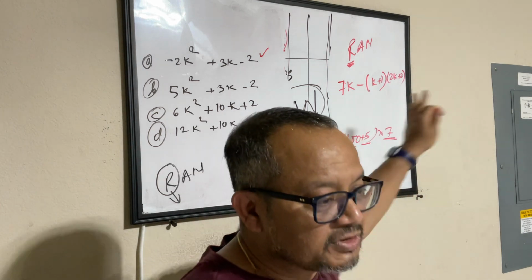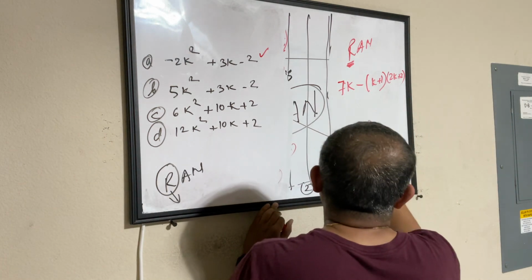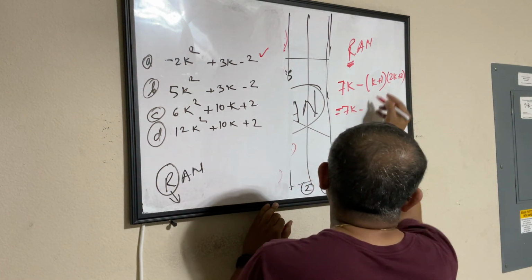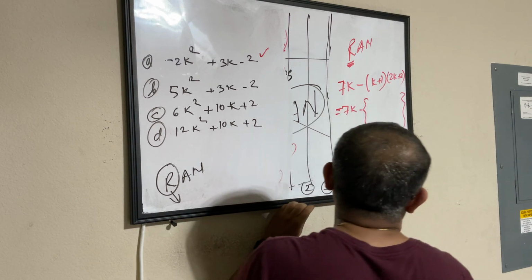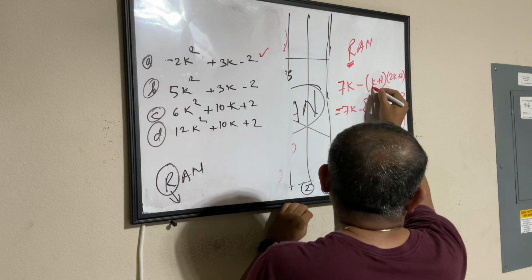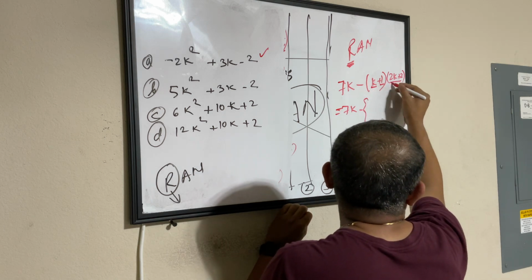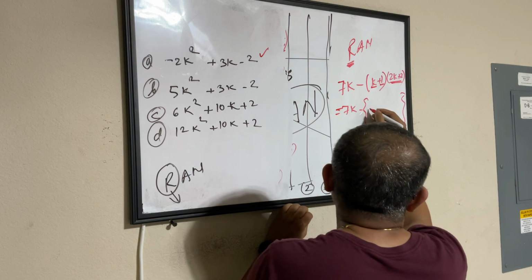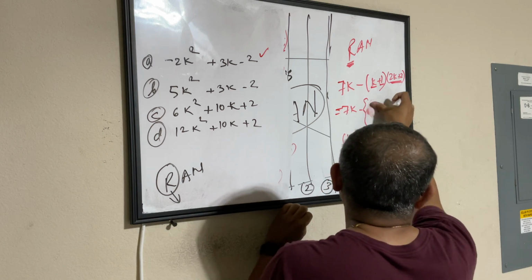I can always do that the very simple way, which I prefer: 7k minus (k plus 1) into (2k plus 2). I will put the middle bracket here and curly bracket here, and then do k times this and this times this, and I'll get some value. Let me not jump the gun.